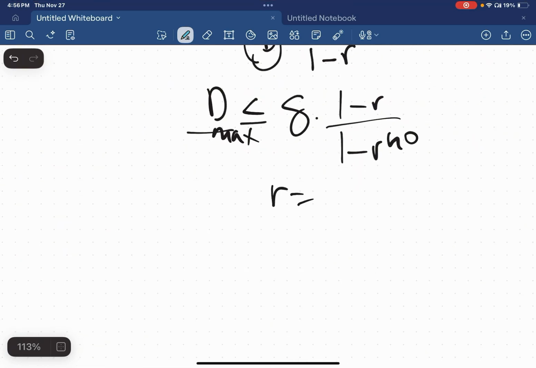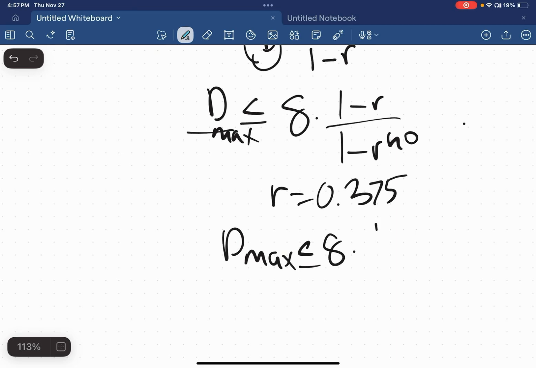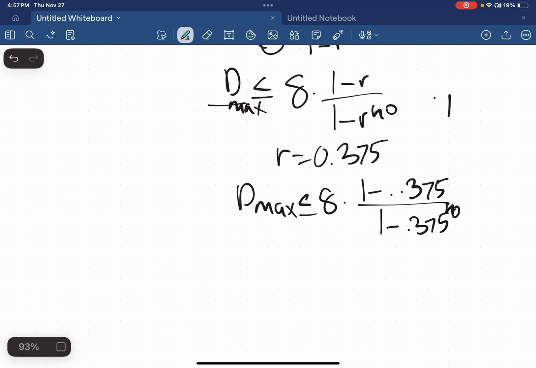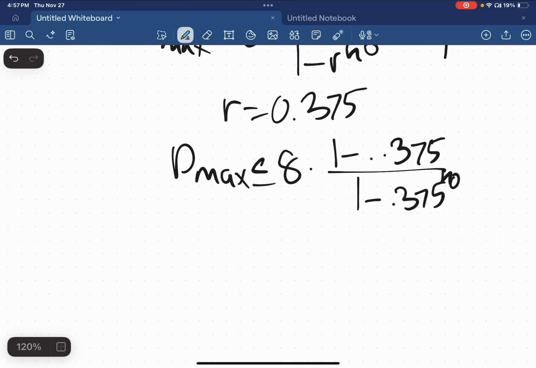And we know that R is going to be equal to 0.375. So let's just plug this back in. Remember that for any value between -1 and 1 that's getting exponentized to such a great exponent like this can basically just equal 0 in this case. It's astronomically small.